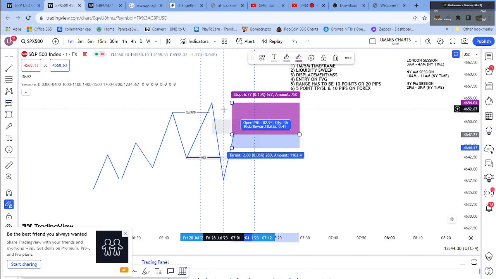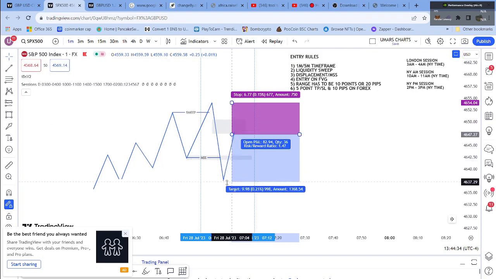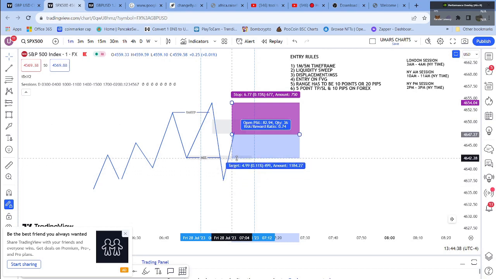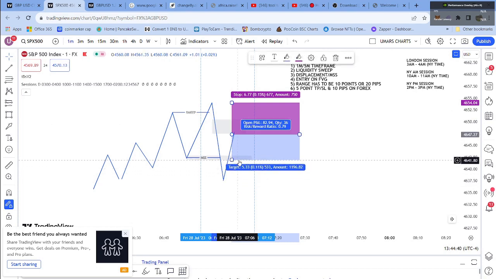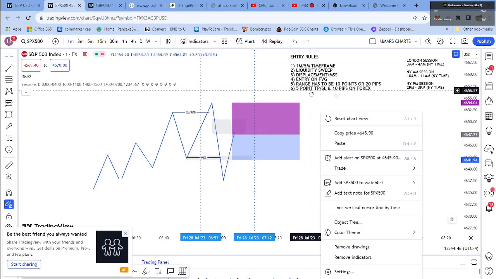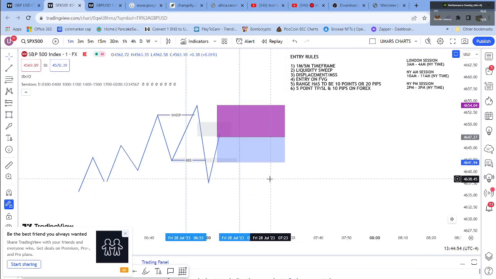Stops would go above the previous high, and your target could be the next liquidity zone, or it could be 5 points or 5 handles on SPX 500, or 10 pips on Forex. As you can see here, point number 6, 5 points TP, or 10 pips on Forex. So it would look something like that.